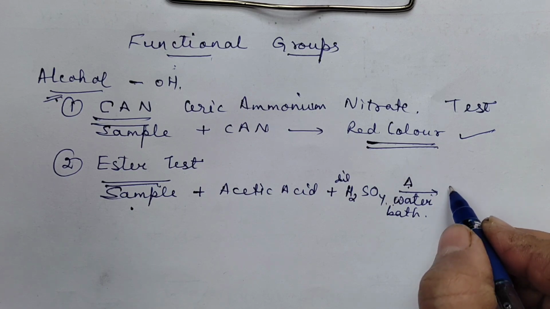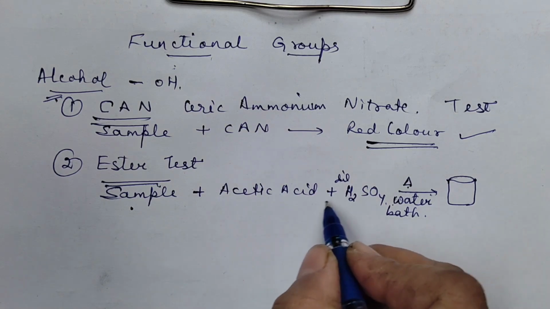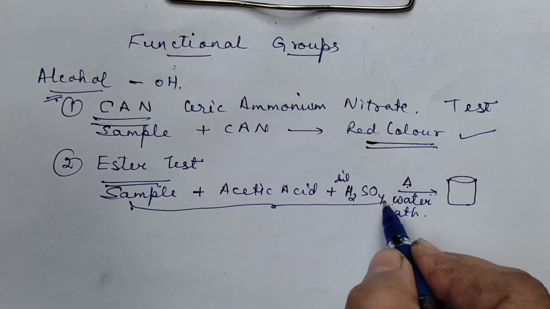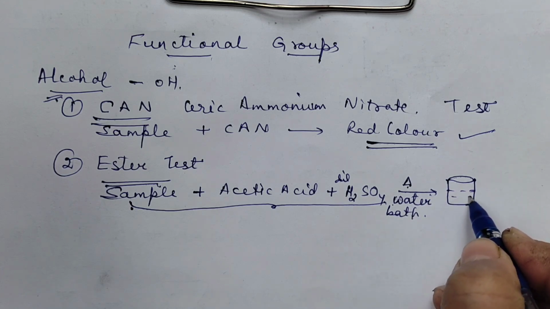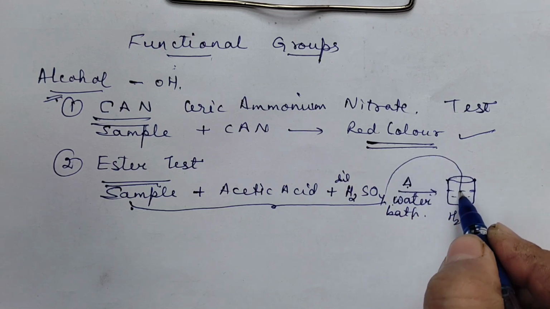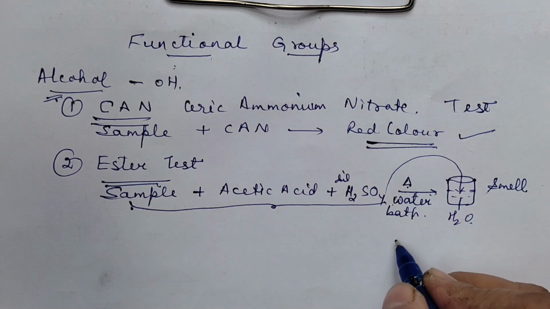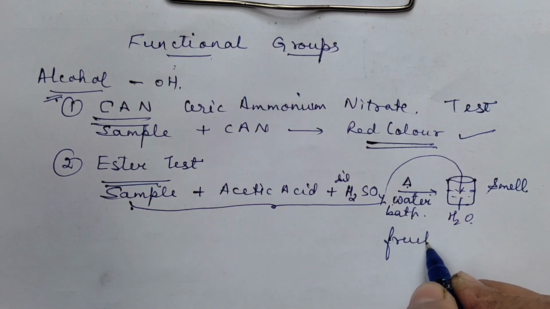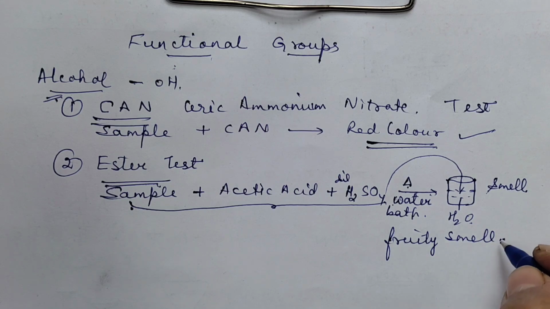After heating for some time on the water bath, pour the contents you had taken in the test tube into a beaker which is containing water. Pour this content in water and you smell it. You will get a fruity smell. The presence of the fruity smell indicates that alcohol is present. It will confirm that alcohol is present in our organic sample.